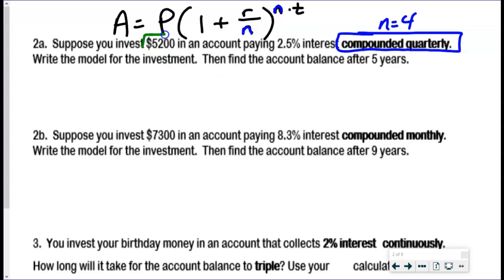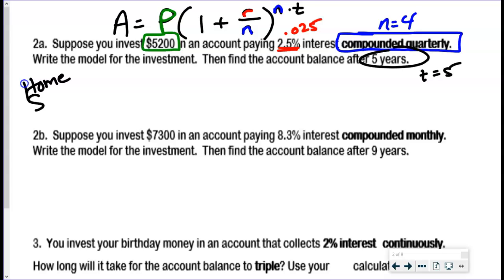So we start with $5,200, that's the principal. The rate, of course, is going to be this guy, but we're going to write this as 0.025. And then t should be given to you somewhere out there, number of years. Alright, so we are going to be on our home screen because we have everything we need. And this is money, so you're going to round to the nearest hundredth.